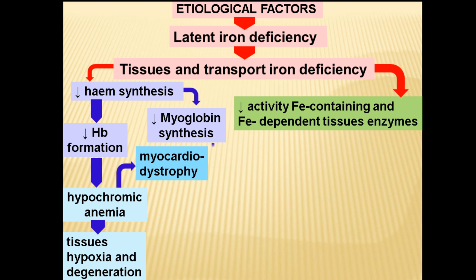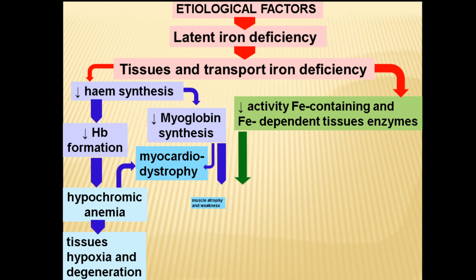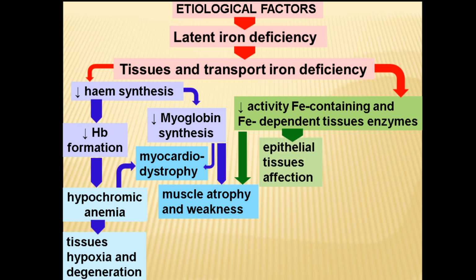As a result, myocardial dystrophy is pronounced and progresses. The patient feels problems with peripheral muscles due to atrophy and weakness, which progresses due to decreased activity of iron-containing enzymes and tissue breathing.